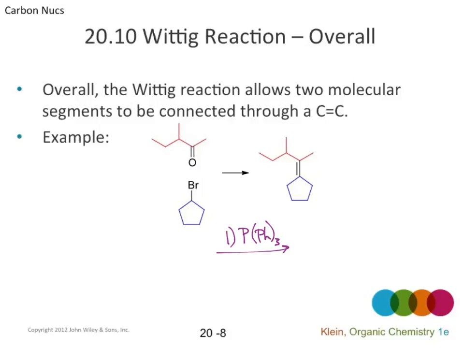CH3 was our general piece. What we said is that as long as we have a carbon with a leaving group, we can use any piece we want. What's the piece that we're going to use? There's our piece. So that's going to react first with our triphenylphosphine to generate this guy. What happens next?